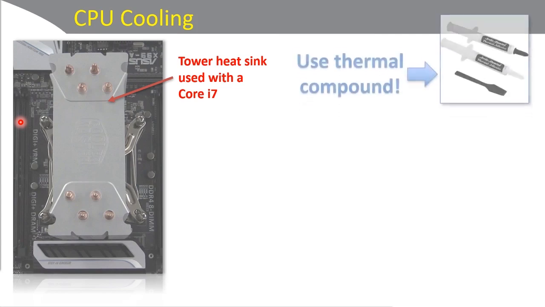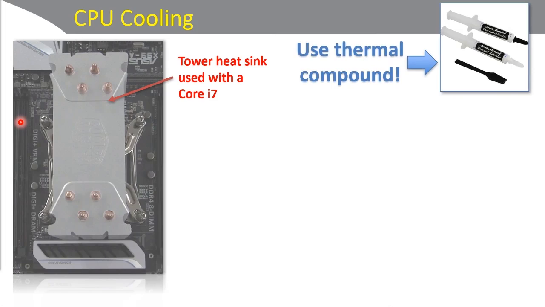Now, whatever you use, you'll need to be applying thermal compound, also known as thermal paste or thermal jelly. And you do that to the CPU cap before you install this heatsink, and also any time that you remove the heatsink or remove or replace a CPU. One common example is Arctic Silver, and that's what I use most of the time.